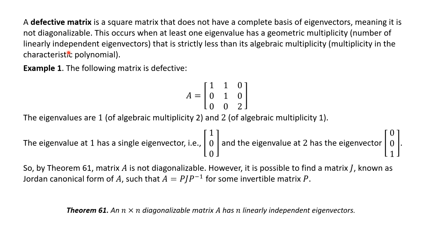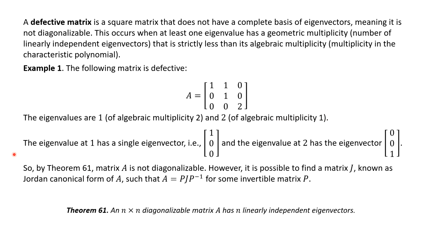So I have an example of that here. This matrix A is defective. It has eigenvalues 1 and 2, and the eigenvalue 1 has algebraic multiplicity 2, and the eigenvalue 2 has algebraic multiplicity 1.